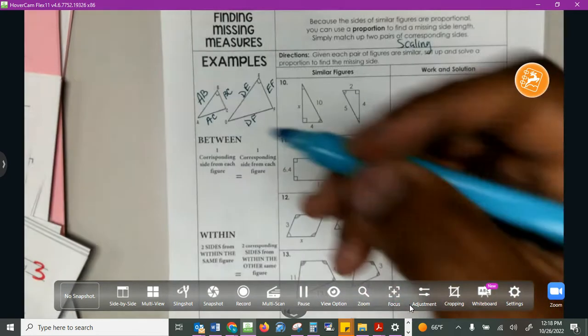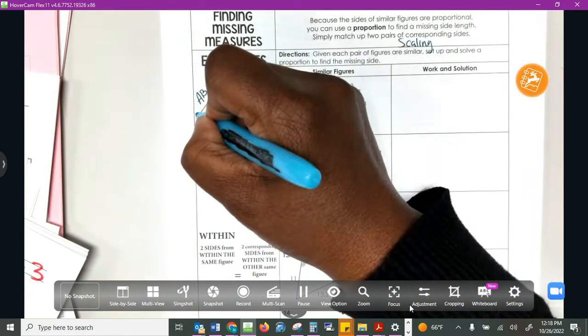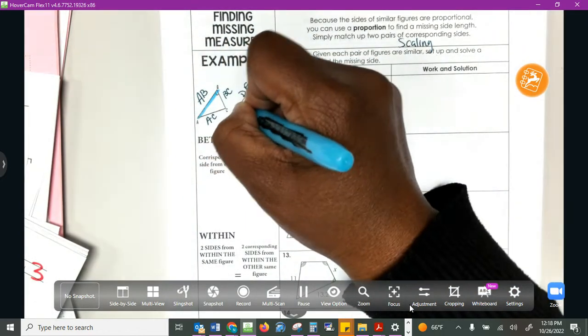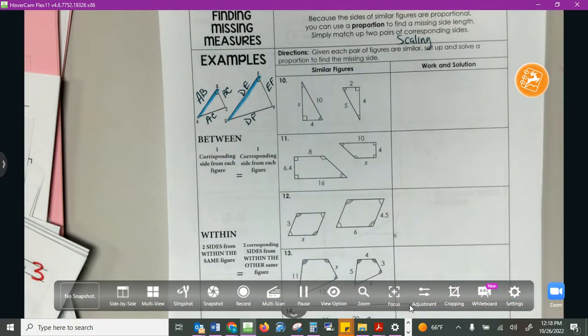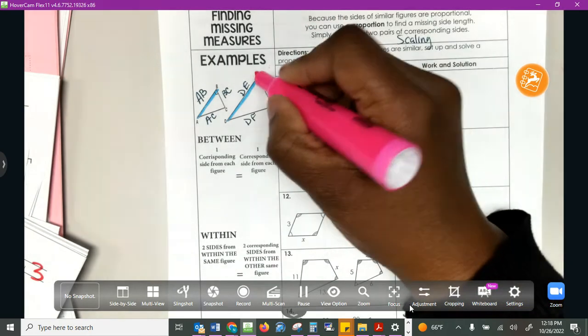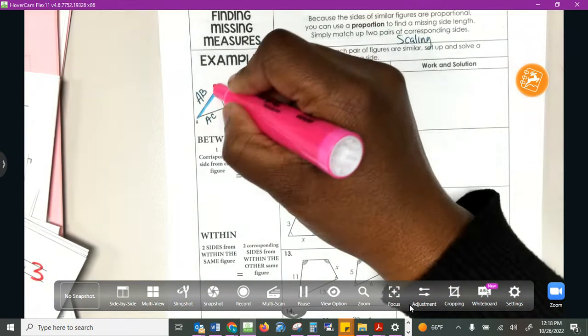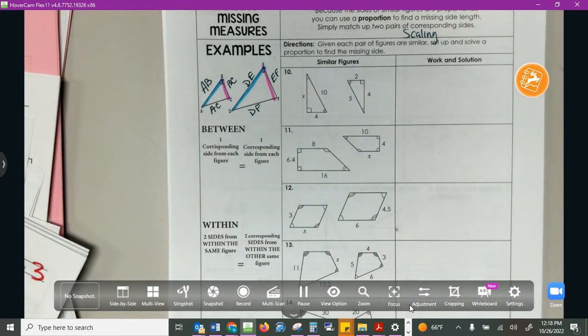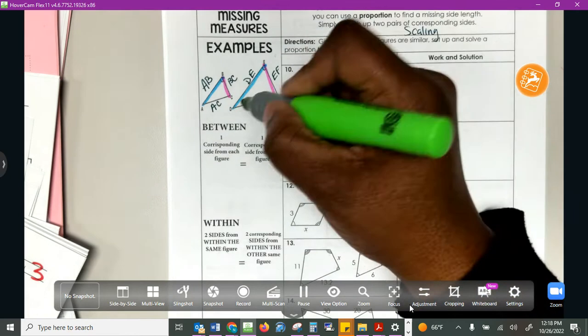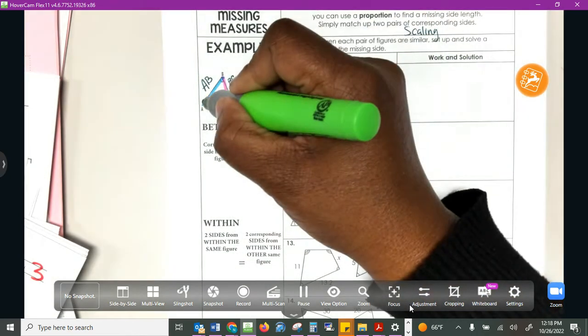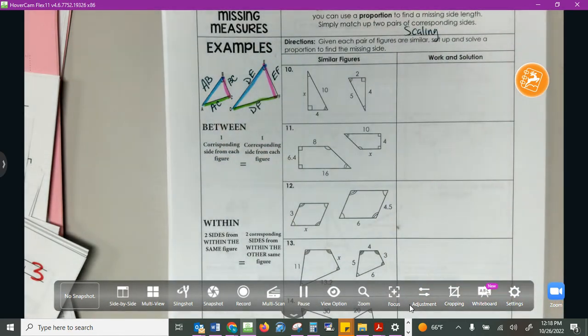So if you notice, they're already in the same orientation. So I'm going to mark these as the same. EF and BC are the same. And DF and AC are the same.